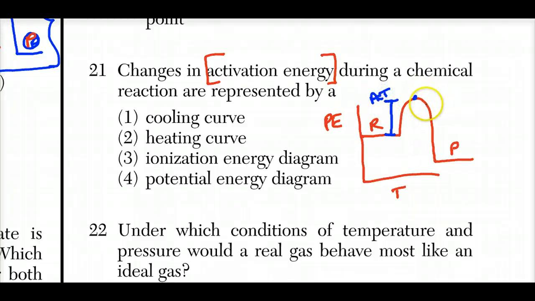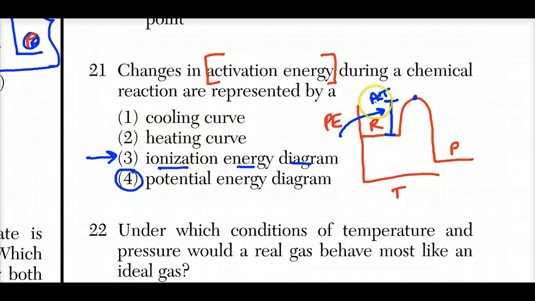And I know, okay, when I'm talking about activation energy, the best way to look at that energy is the potential energy diagram. Ionization energy diagram, okay, it's not part of this course. I'm not sure if I even know what that is, okay. Maybe it's got a different name.